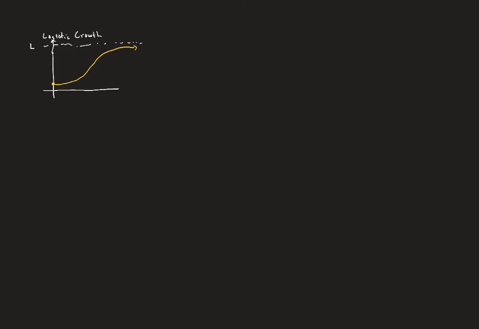And let's look at that place right where it changes concavity, and we'll call that t sub 0. Logistic growth curves are oftentimes population growths. So what happens in real life is that the population may grow exponentially initially and take off like it's going to be exponential, but it's hard for a population to continue to grow exponentially forever because it's just not sustainable.